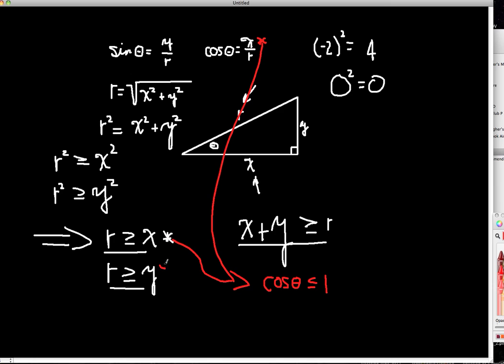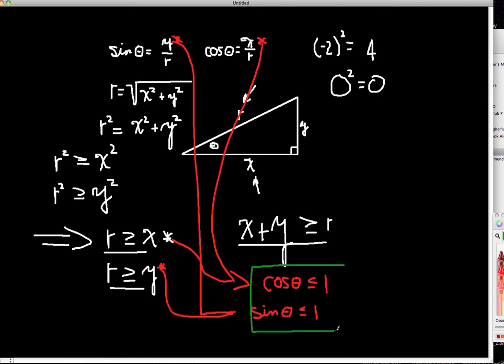And this right here, together with this, tells me that the sine of theta must always be less than or equal to 1. So both of these statements are true all the time and are properties of the sine and the cosine.